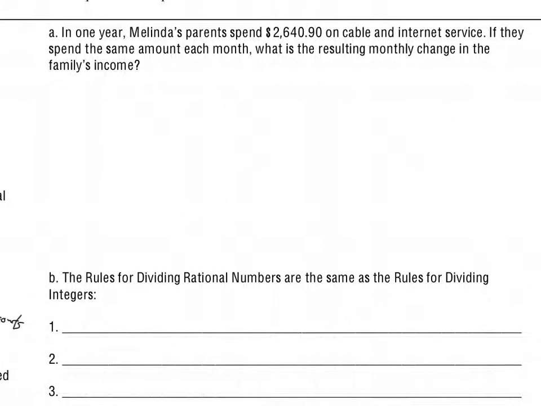Alright, over here it gives you an example. In 1 year, Melinda's parents spend $2,640.90 on cable internet. If they spend the same amount each month, what is the resulting monthly charge in family income? So here we're taking the $2,640.90.